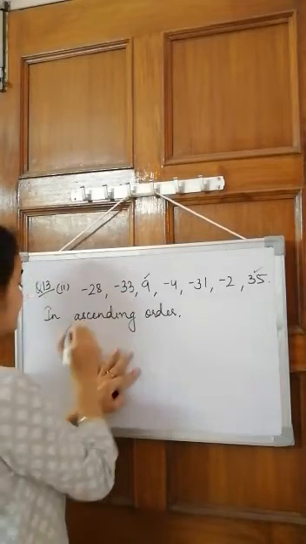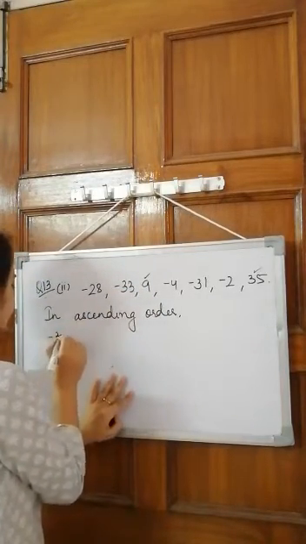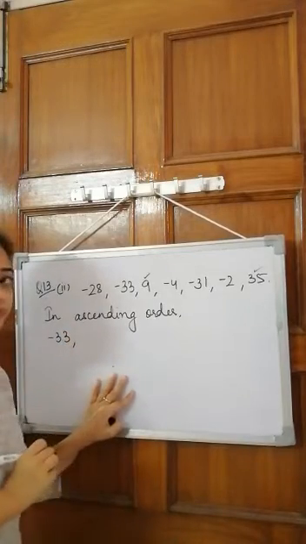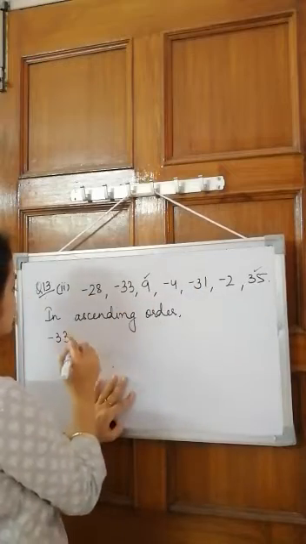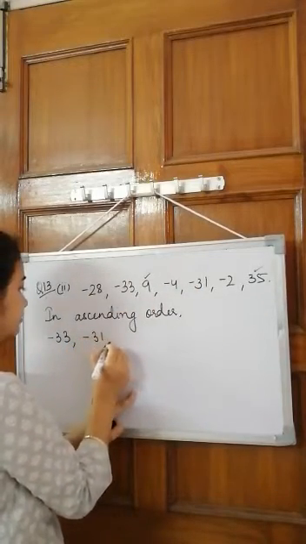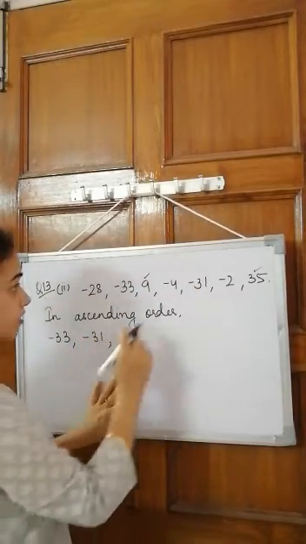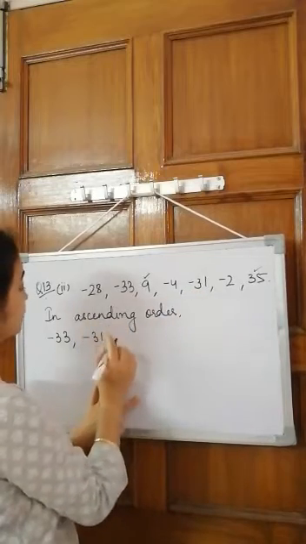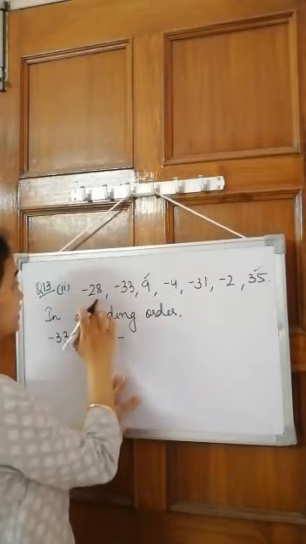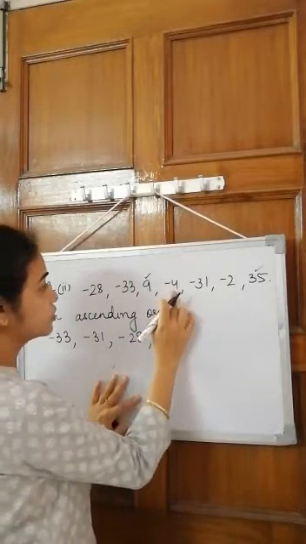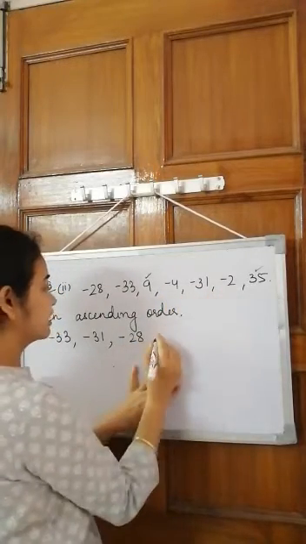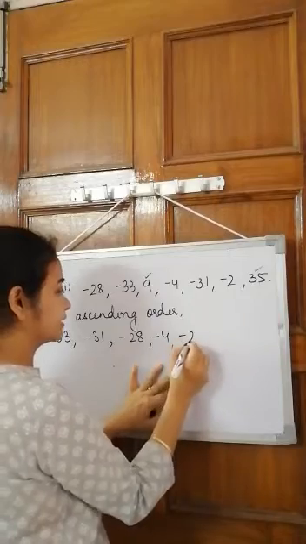So minus 33 is the smallest number here. After minus 33 we have minus 31, then minus 28. Now minus 4 and minus 2 are left, so we have minus 4 and then minus 2.